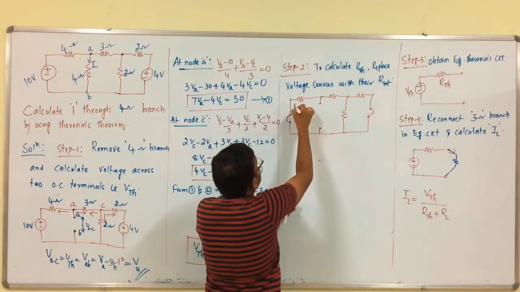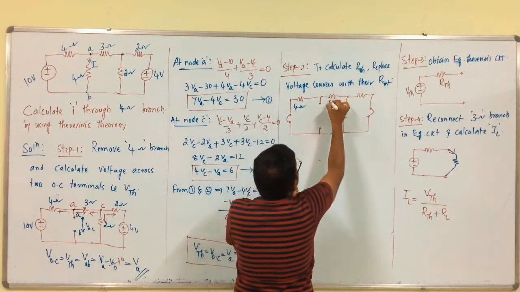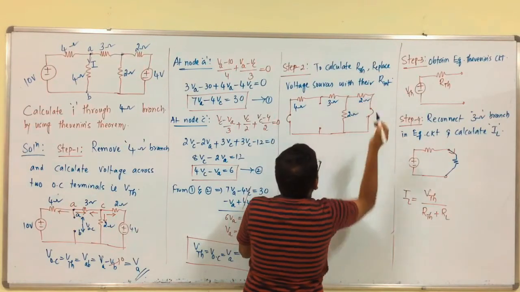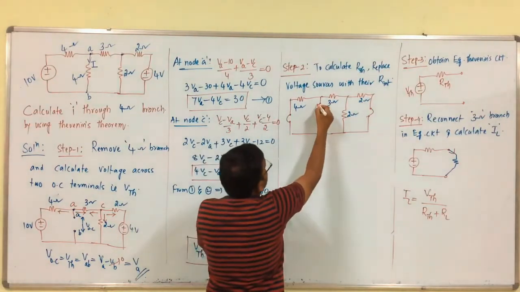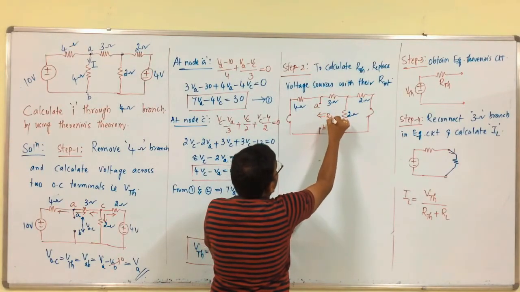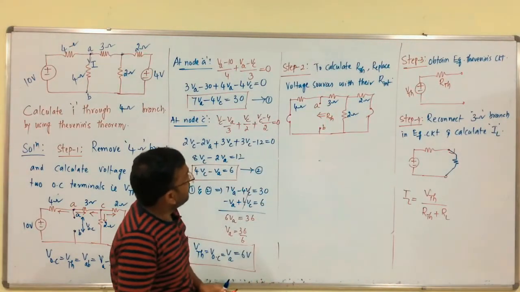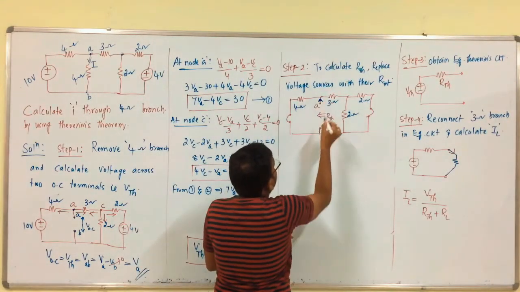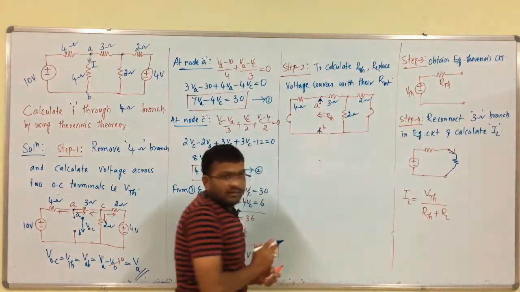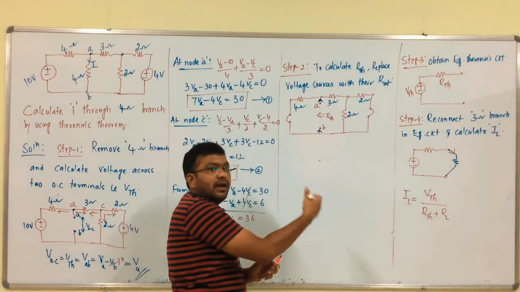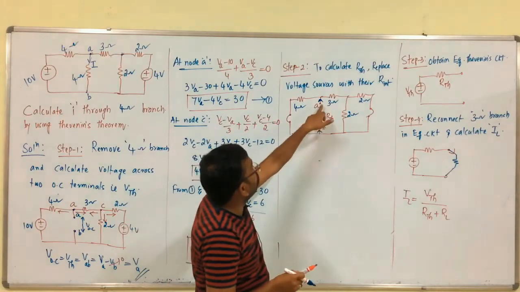Between these two terminals we have to calculate RTH. The current entering should be the same as the current leaving. So, current I is entering.